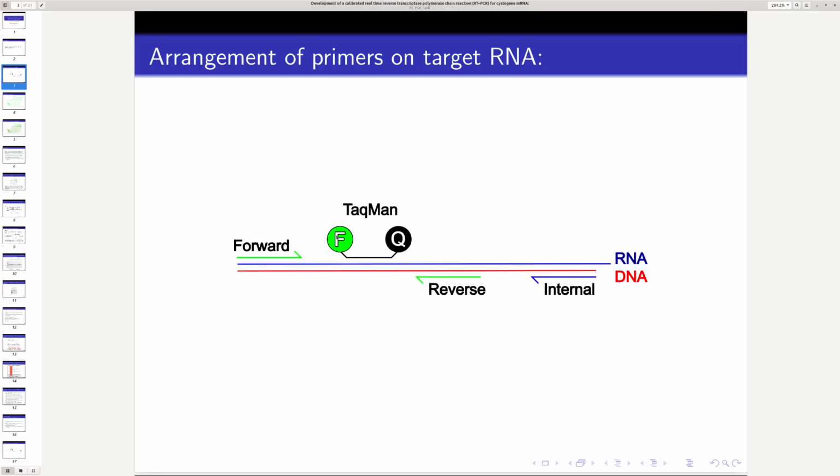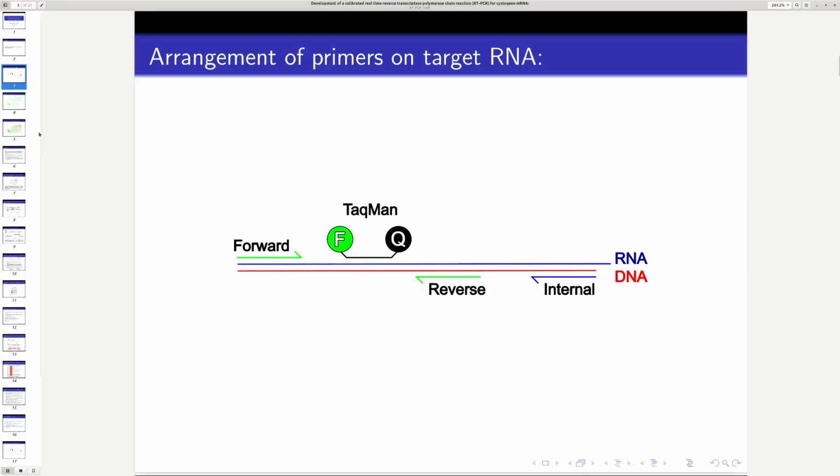So the idea behind the assay is that if you start off with a small amount of RNA, it will take a long time for you to accumulate free fluorescent dye. So it will take multiple cycles. But if you start off with a lot of RNA, it'll only take a few cycles.